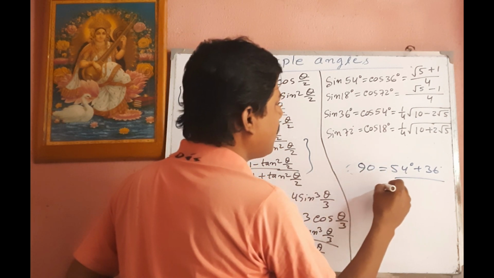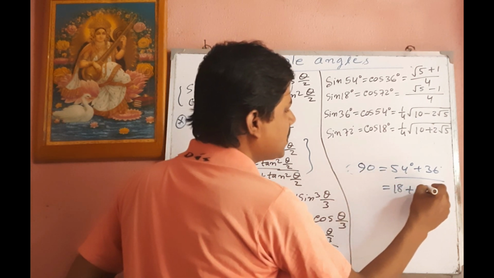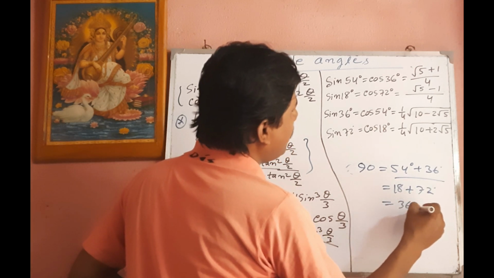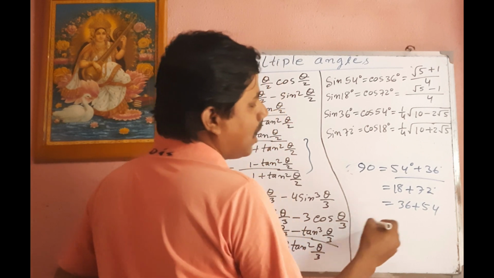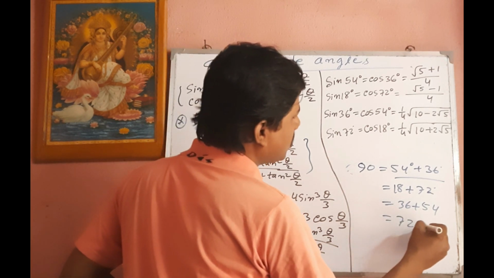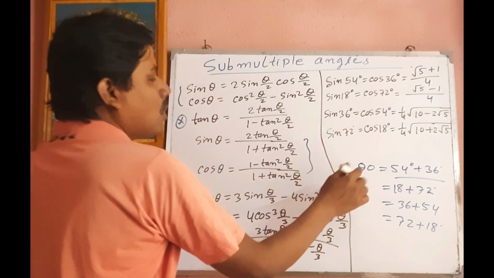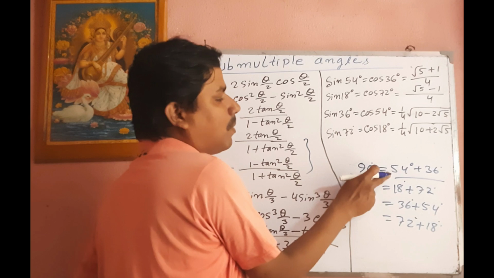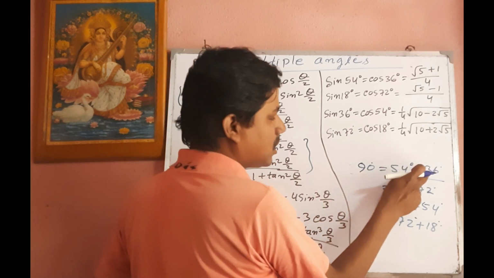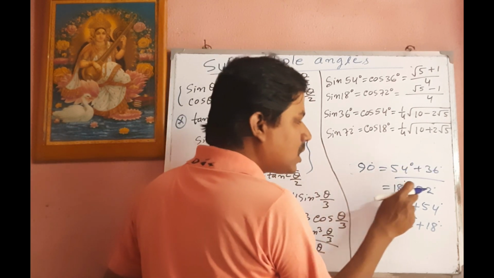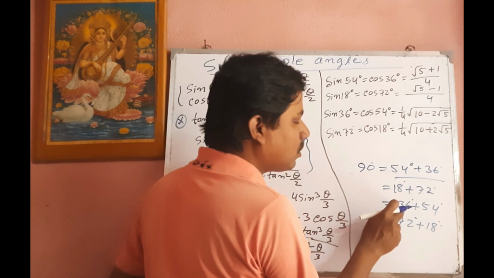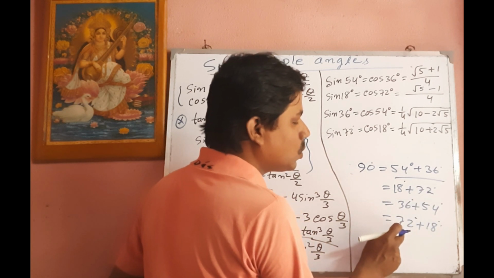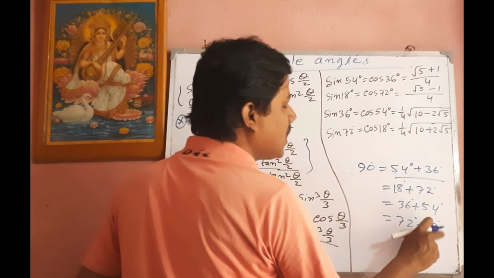Similarly, 18 plus 72, 36 plus 54, and 72 plus 18. We are giving all formulas in that way. Sine of 54 is cos of 36, sine of 18 is cos of 72, sine of 36 is equal to cos of 54, sine of 72 is equal to cos of 18.